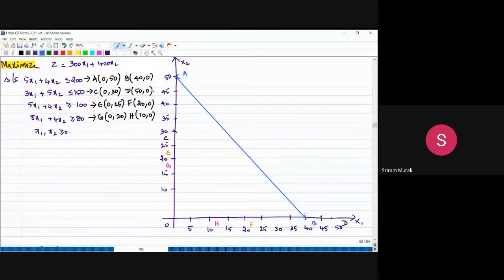Where do you give a shading? Because 0 plus 0 is less than 200, origin test satisfies. Therefore, the shading can be given like this. Because too many constraints are there, don't mistake me. That's why you use different dotted lines.